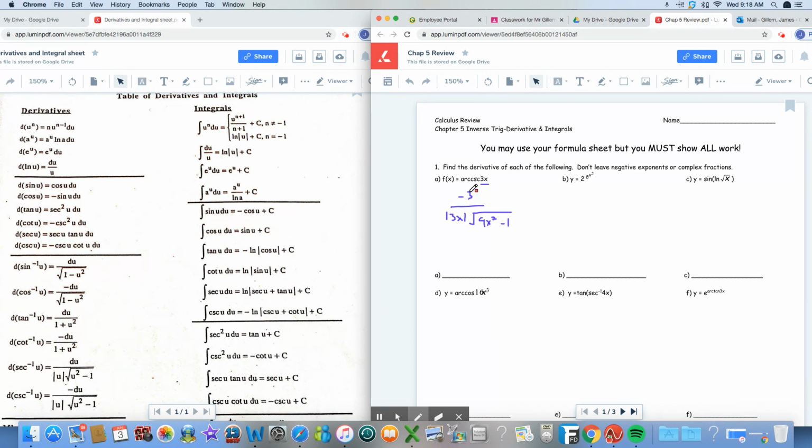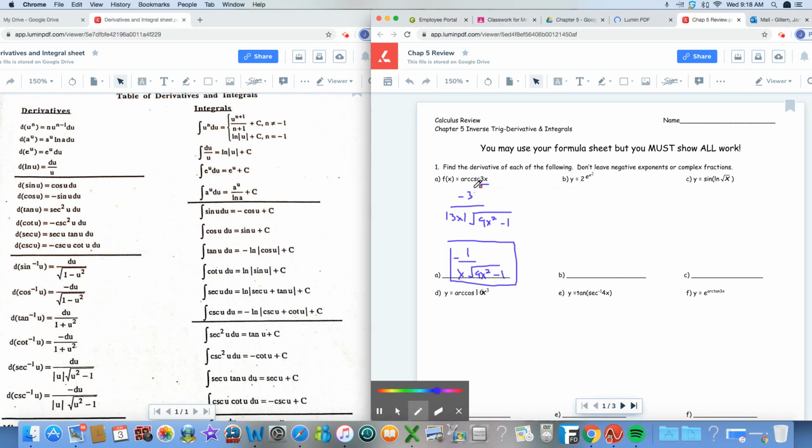These 3's would actually cancel, and this would be negative 1 over x times the square root of 9x squared minus 1. And there's your answer. If you left this as your answer, that's fine. You could cancel out the 3's, but like I said, if you just leave this, you're going to be good.